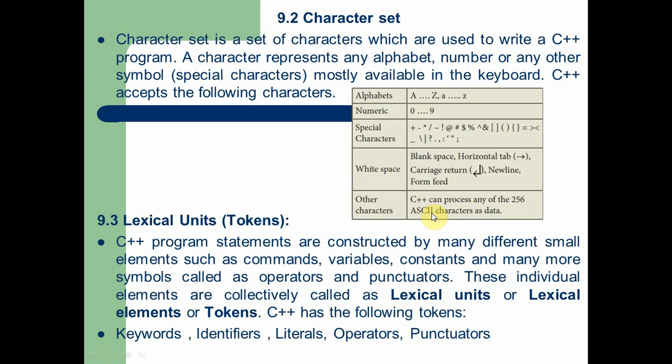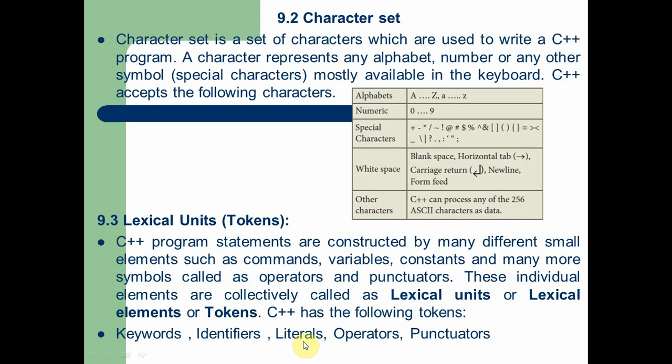These individual elements are collectively called lexical elements, lexical units, or tokens. There are five tokens in C++ language, namely keywords, identifiers, literals, operators, punctuators. All the five elements are collectively called tokens.